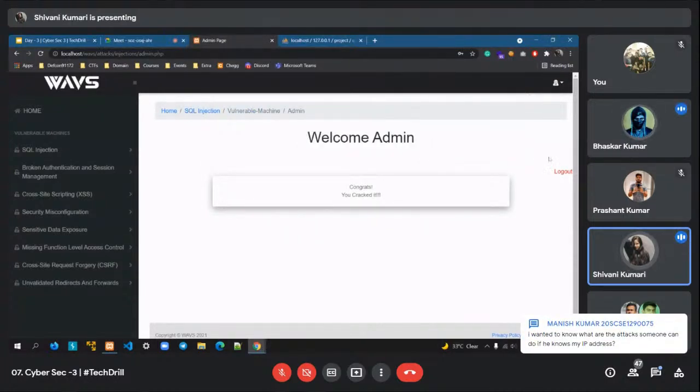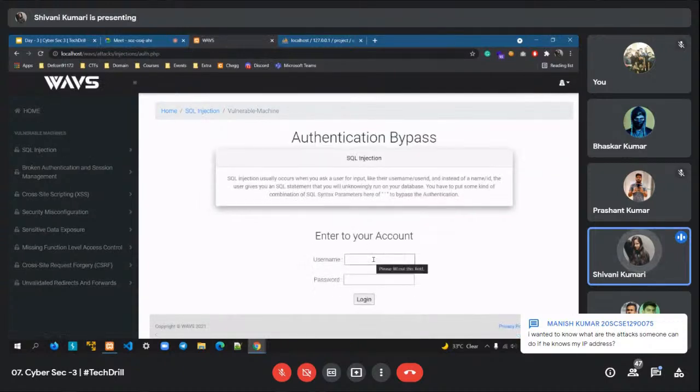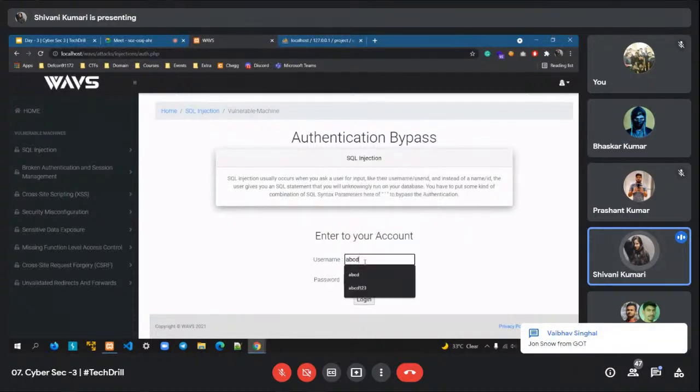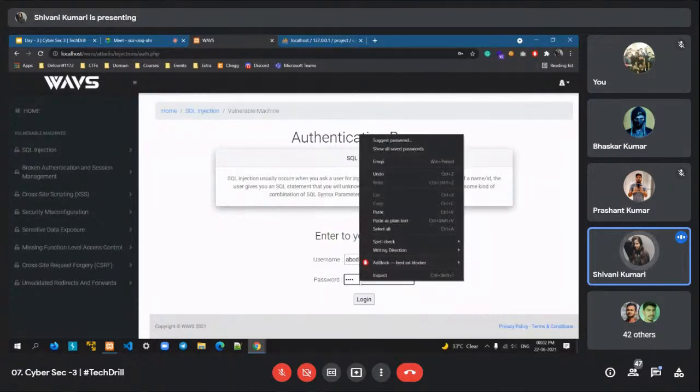Let me log out and log in with a fake credential, one which does not exist in the database. So ABCD, ABCD. Let me show you.